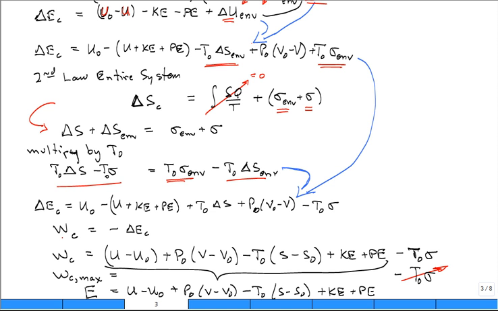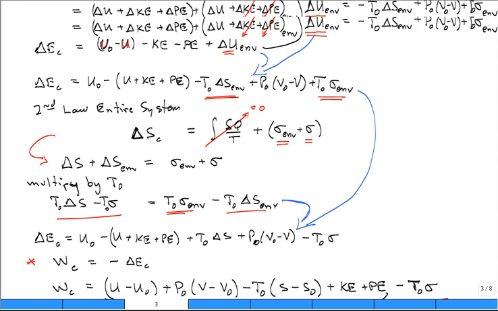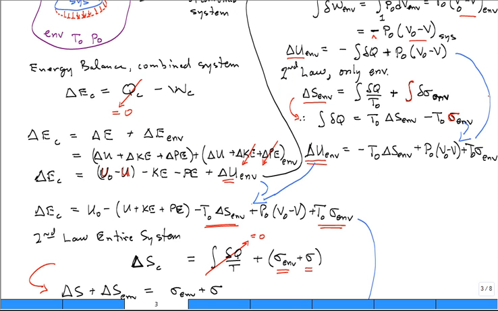It was that work out of the combined system. And what we find is that that work out of the combined system, this was our first equation. Let me see, I should have written an arrow like that. Right here.